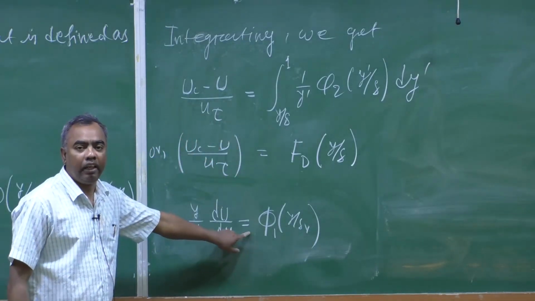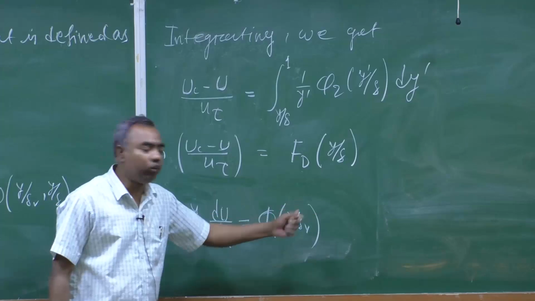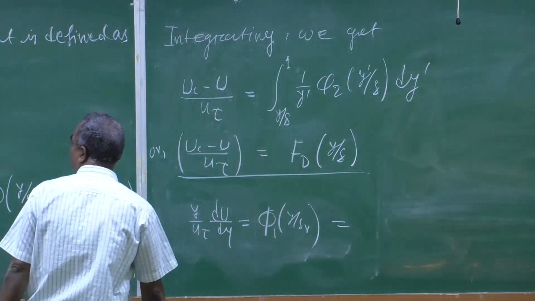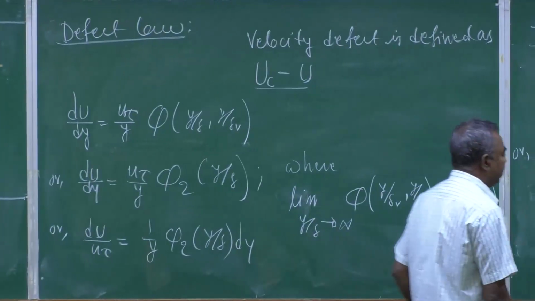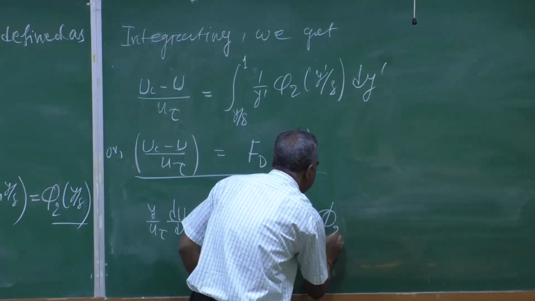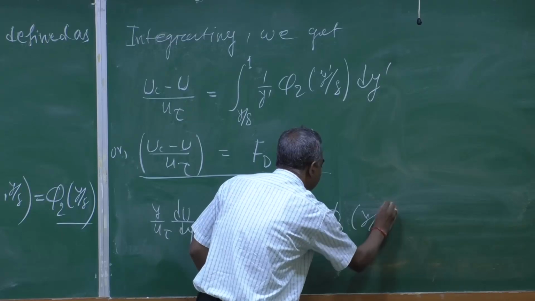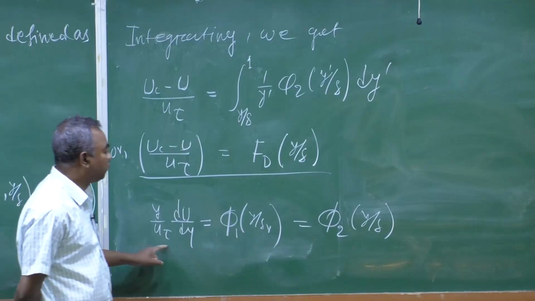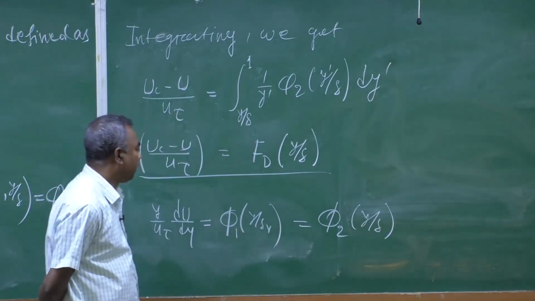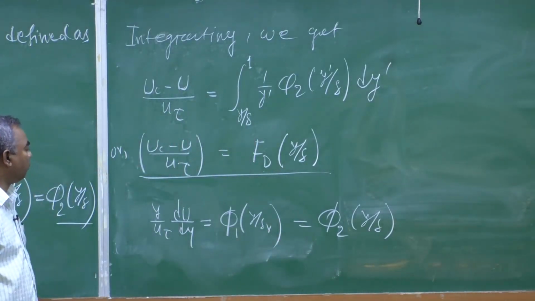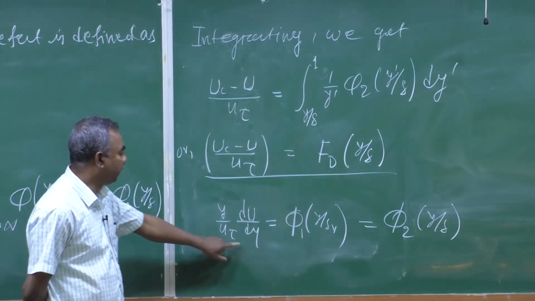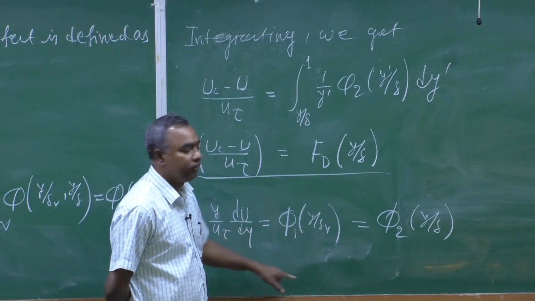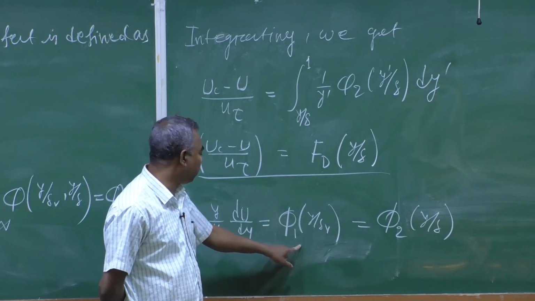Because in the inner layer we can write this equation in this fashion, and in the outer layer the equation is going to be like that, which is coming from the phi 2 function, that is phi 2 of y by delta. Now, from this functional form, this function is equal to what? 1 by kappa, that is what we have found.